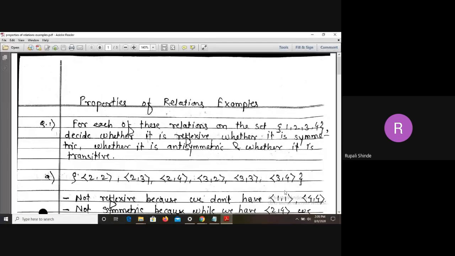No, that's why this is not a symmetric. Now check for anti-symmetry. No, this is not an anti-symmetry. But here 2, 3 and 3, 2, both of the pairs are present, but its meaning is not like 2 is equals to 3. That's why this is not an anti-symmetry. And check for transitive, whether this one is a transitive.